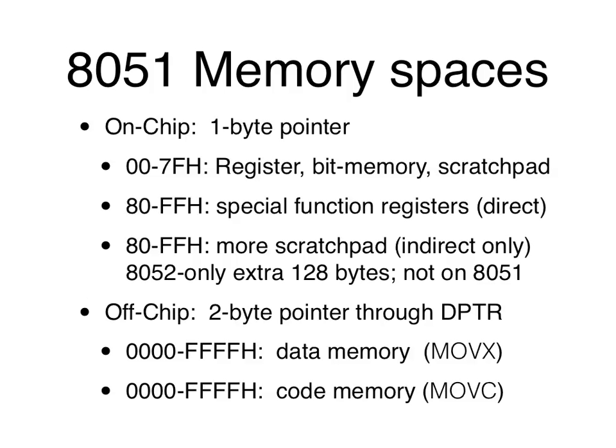So if you declare a pointer in some programming language, you may have to say what space it points to. Does it point to external data memory? Does it point to code memory? And that's actually important.